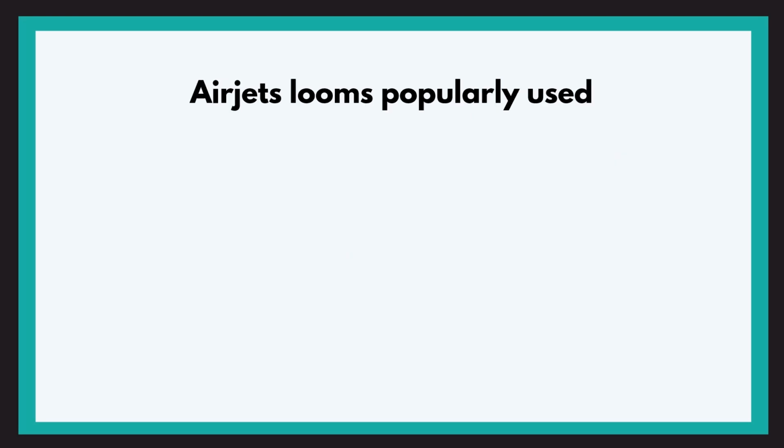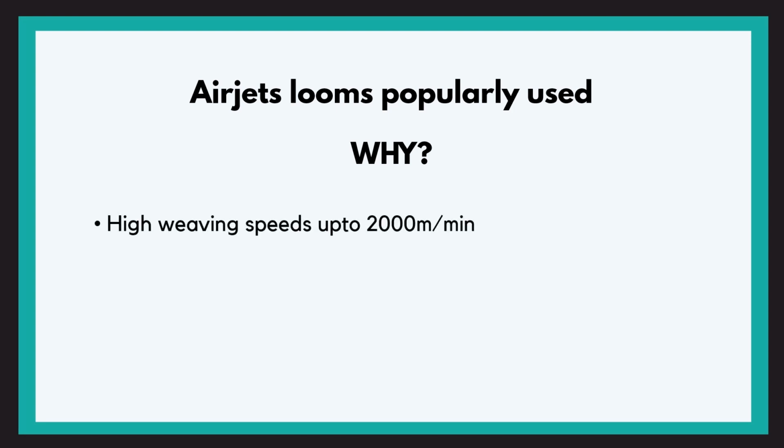So summing up the features of the Airjet loom, it clearly answers why it is the most popularly used loom in the industry. First one, being the high speed and having a high weft insertion rate of up to 2000 meters per minute.